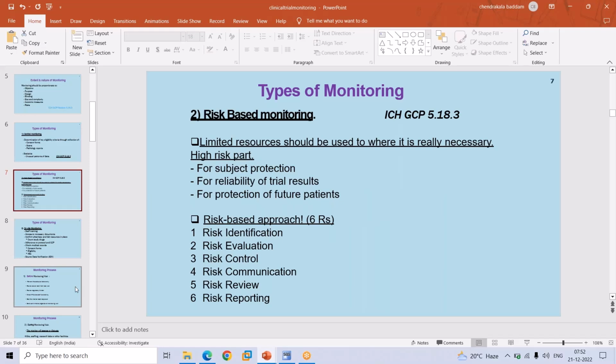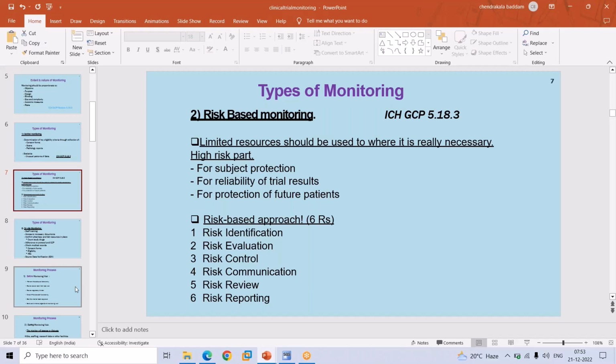Previously, it was 100% check, 100% monitoring. But nowadays, the concept of risk-based monitoring is familiar. Instead of checking each and every point, which will take a lot of time and may not be required sometimes.